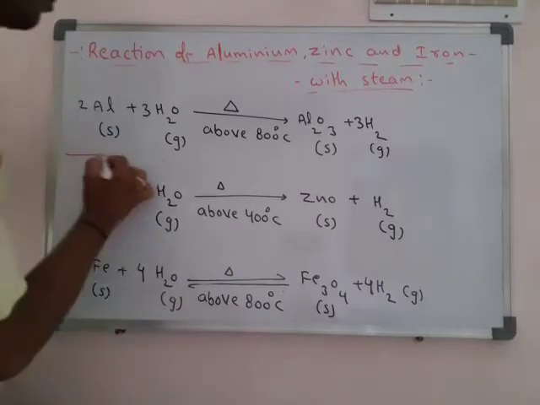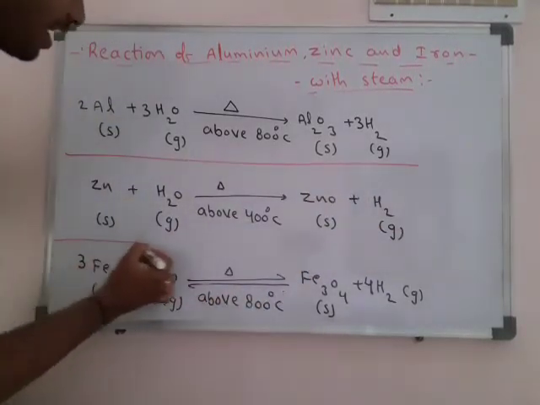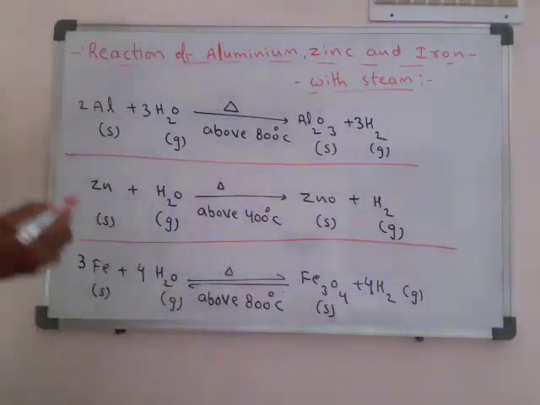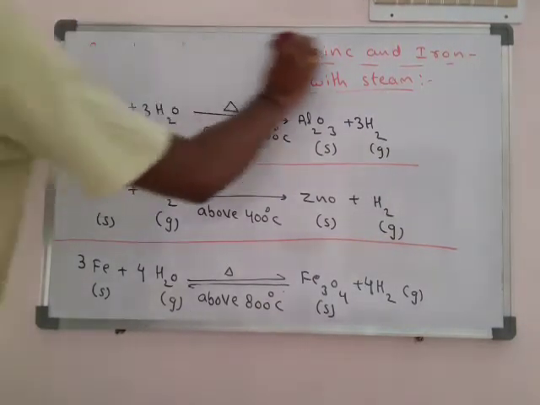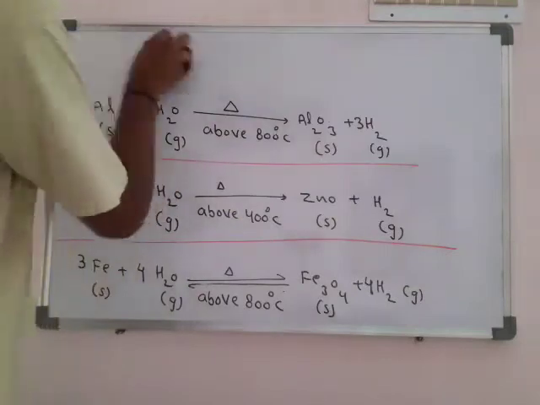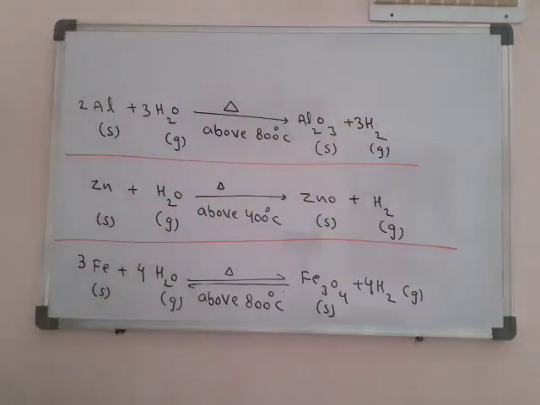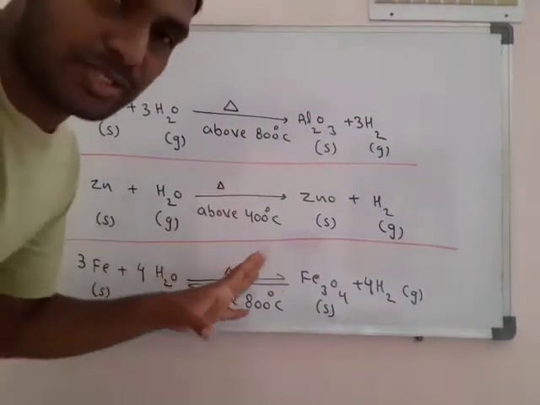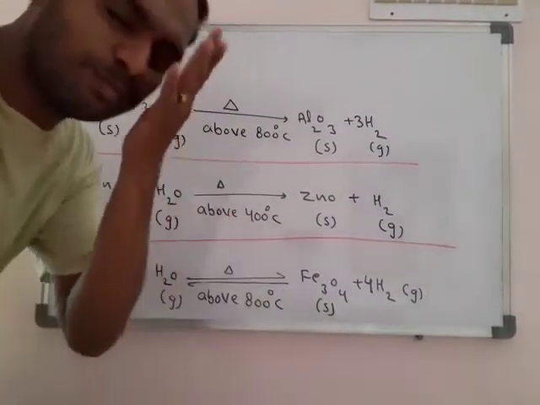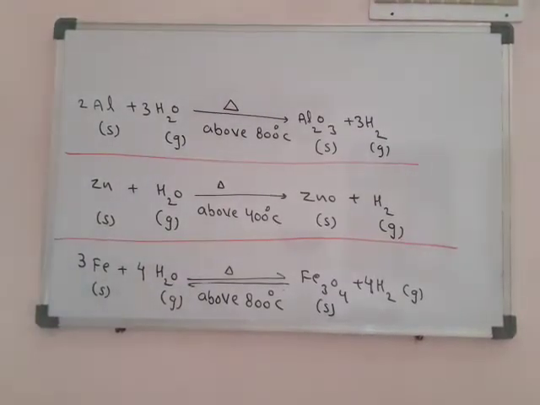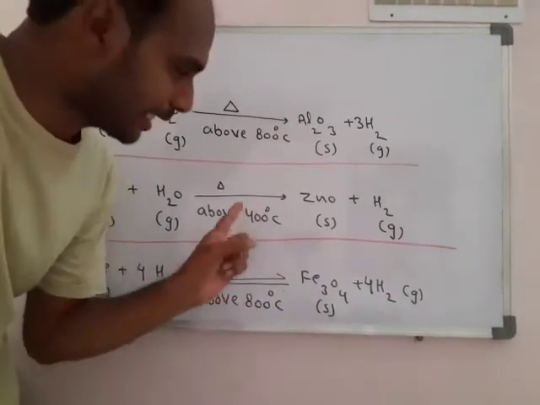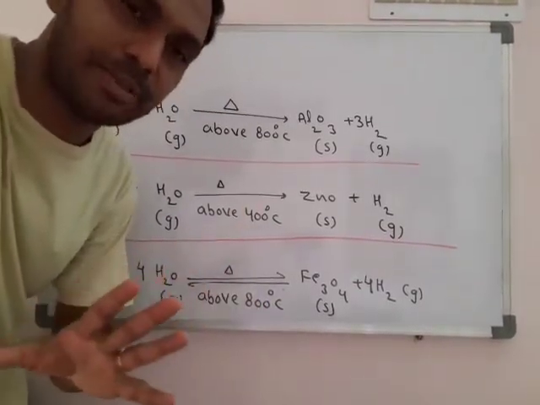So these reactions form their oxides and hydrogen gas. Here one more important point is the reactions of steam with aluminium. These are all slow reactions, taking place only at particular conditions.